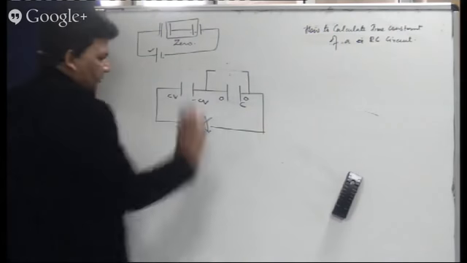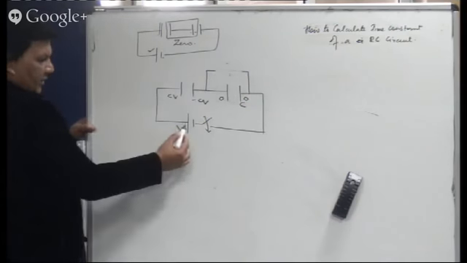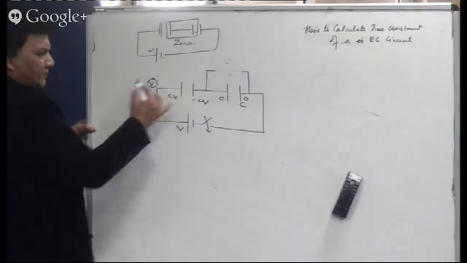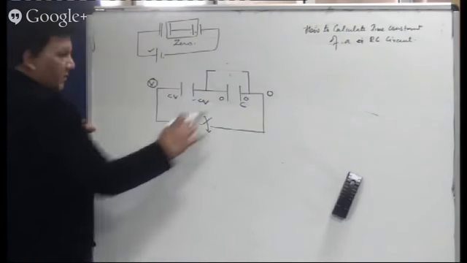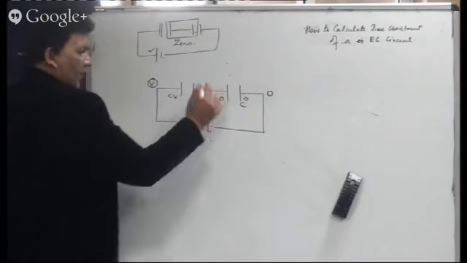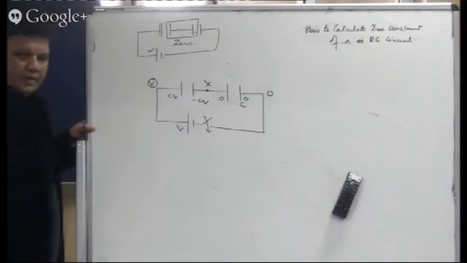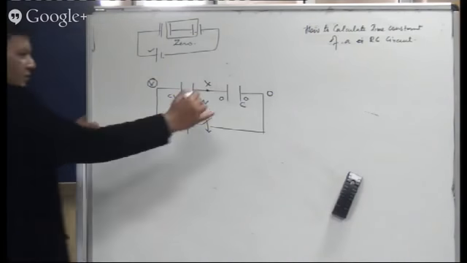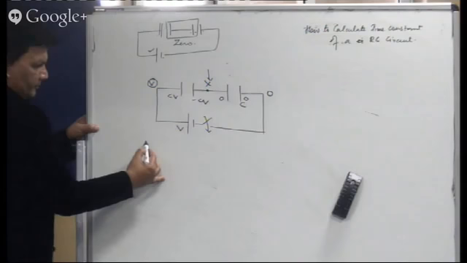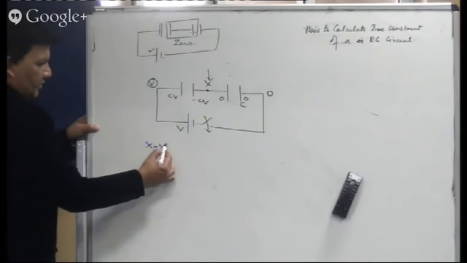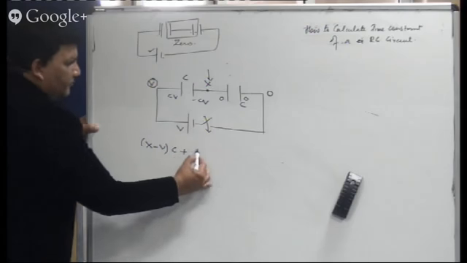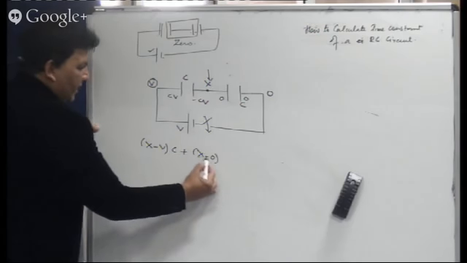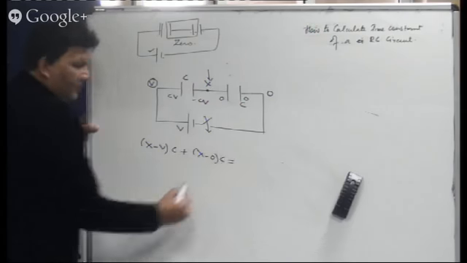When you open this, potential here will be V. This potential will be, because let this potential be x. Write the nodal equation here. बोलो. x जोर से बोलो. Minus V into C. Perfect. आगे बोलो. Into ये किसके बराबर होगा?